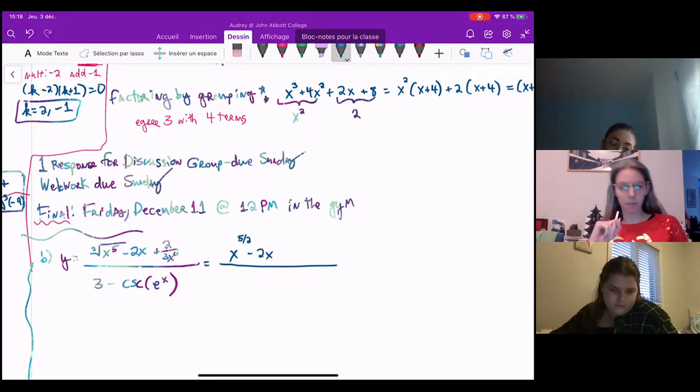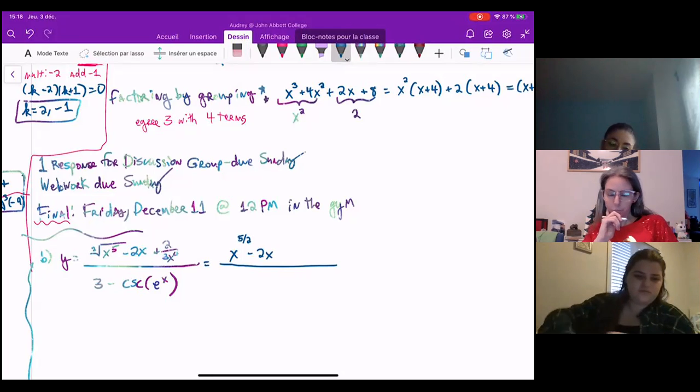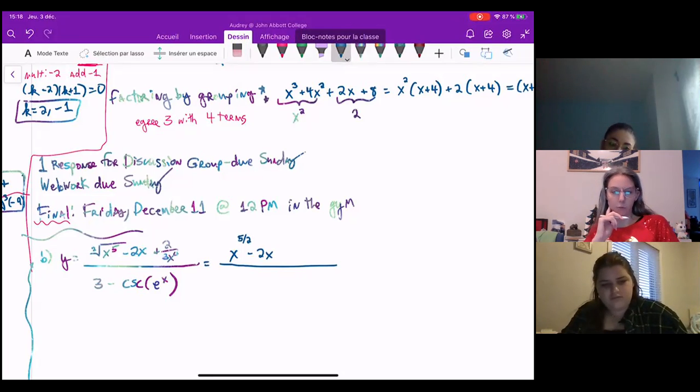And then how am I going to simplify the 2 over 3x to the 4th? Tell me in the chat privately what that's going to look like. Because I've seen you guys making a lot of mistakes with that this semester. So I want to see what you guys are thinking right now.